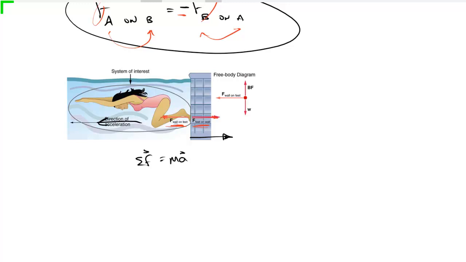Without this action-reaction pair, this force she exerts to the right would never accelerate her to the left. She must be accelerated by the reaction force. Her action is the force her feet exert on the wall. Then there's a reaction at the same time that the wall exerts on her feet and accelerates her to the left.